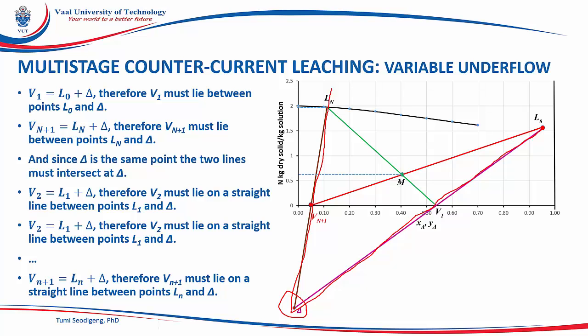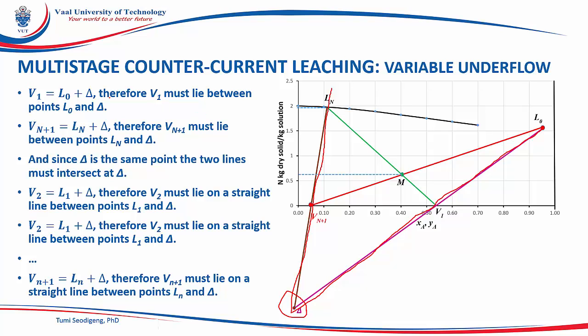This intersection can be explained using the mixing rule and rearranging the delta point equation so that V1 is equal to L0 plus delta. Remember, the original equation was V1 minus L0 is equal to delta. So we just rearrange it so that V1 is equal to L0 plus delta.